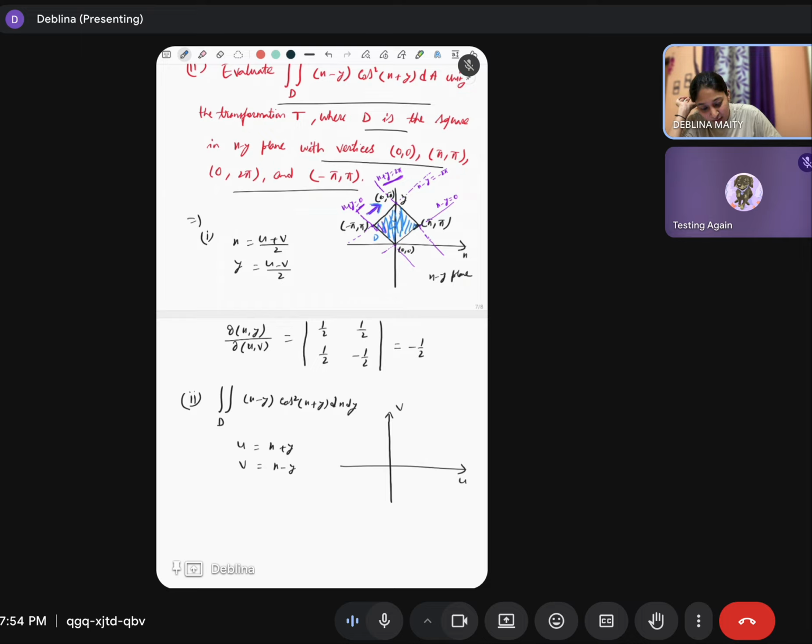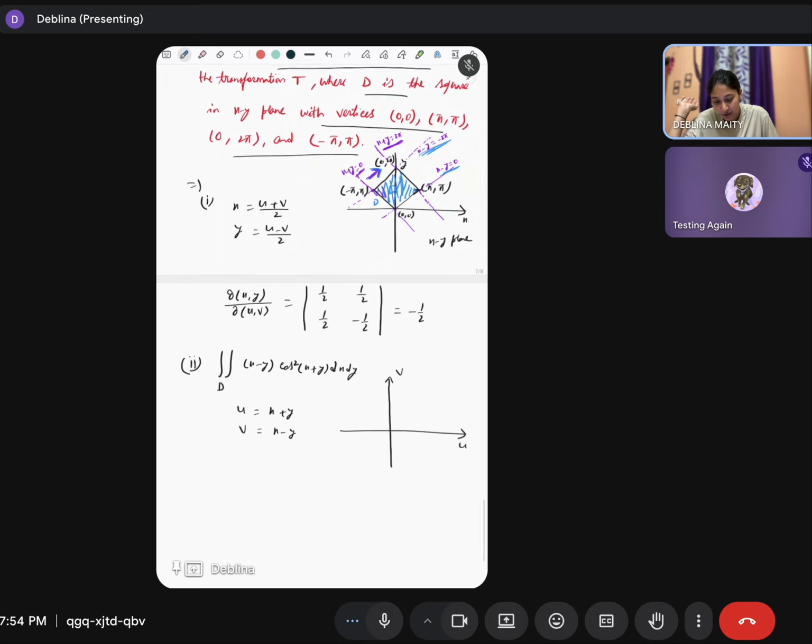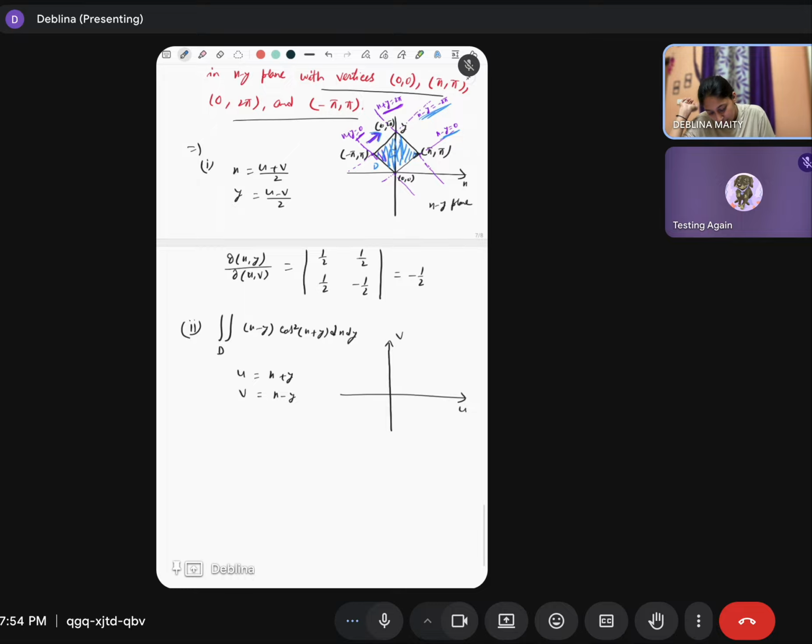And similarly x minus y goes from 0 to minus 2 pi, or we can say from minus 2 pi to 0, right? So what is the limit of u and v? u is x plus y, and x plus y runs from 0 to 2 pi, and v is x minus y, right?